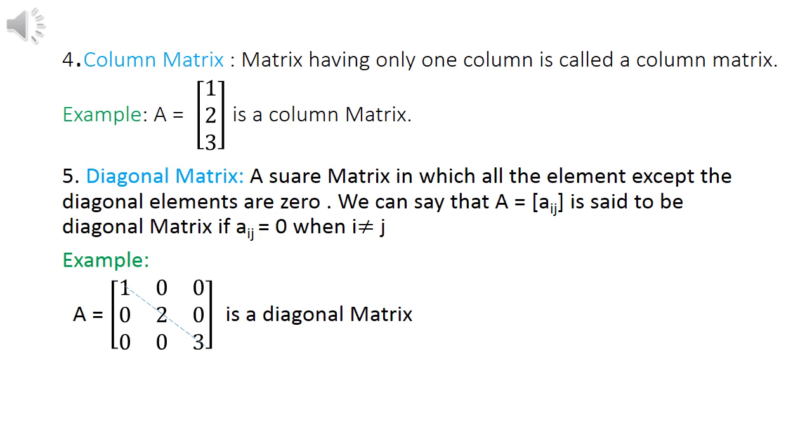If i is equal to j, then the elements present in A11, A22, A33 are called the diagonal elements. Here A is a matrix whose diagonal elements are 1, 2 and 3. Look here, in matrix A, except the diagonal elements, all other elements are 0. Therefore we can say that A is a diagonal matrix.